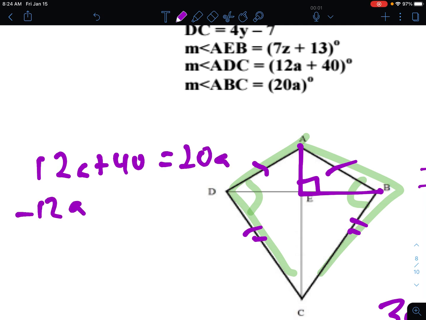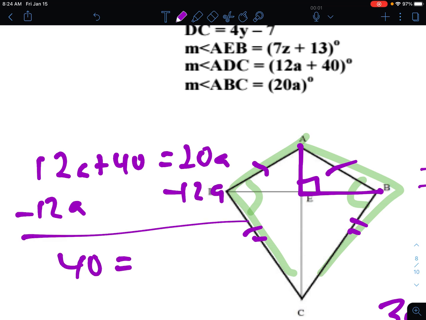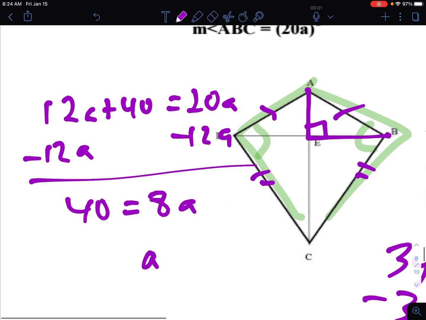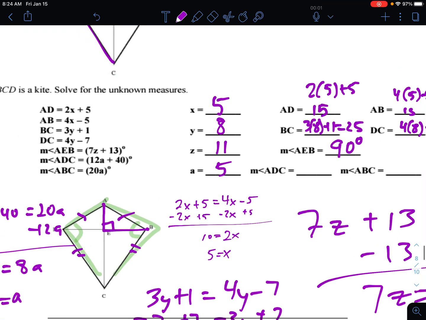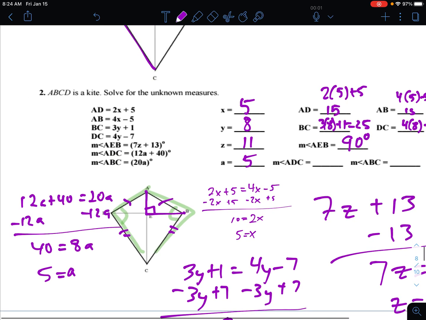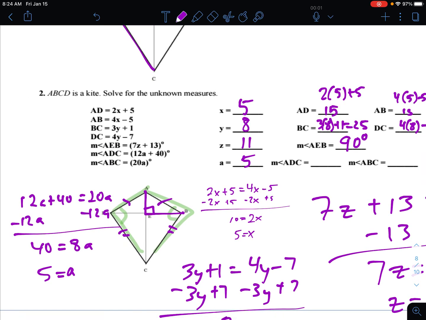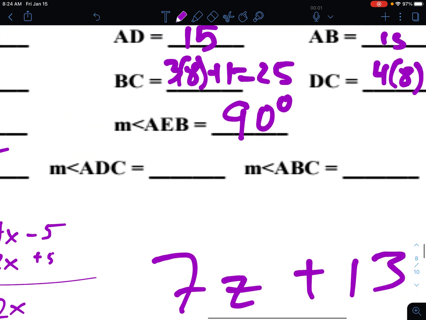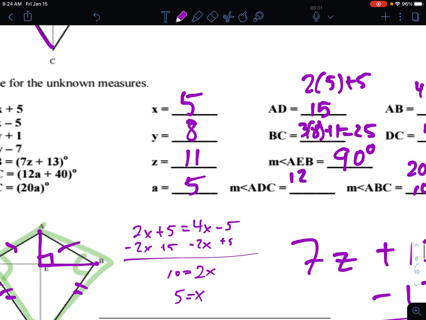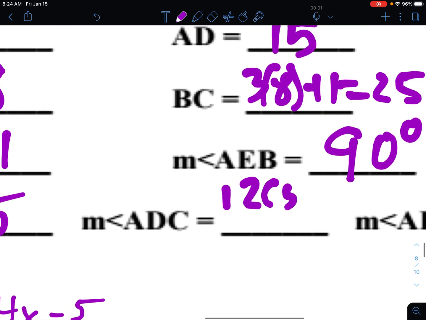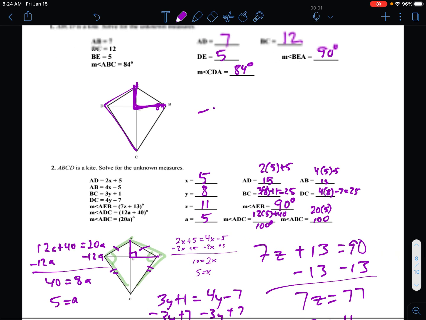Subtract 12a, divide by 8. a is equal to 5. And then now substitute those values in. 20 times 5 is 100. And 12 times 5 plus 40, so 60 plus 40, is 100 degrees.